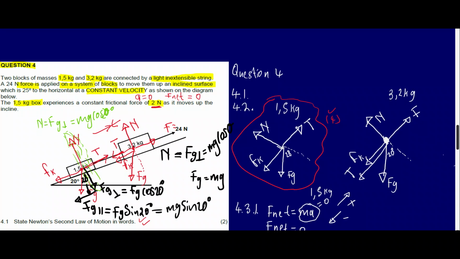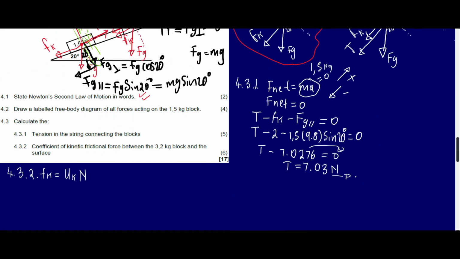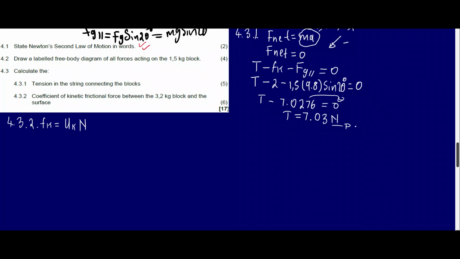So it's not as easy as the other question we came across here, because in the other questions we had the kinetic friction force, right? So here we do not have that kinetic frictional force of the specific 3.2 block. So what we can do is simply make use of Newton's second law for that block. Fnet is equal to ma for the block. So let's do Fnet equal to ma for the 3.2 block.